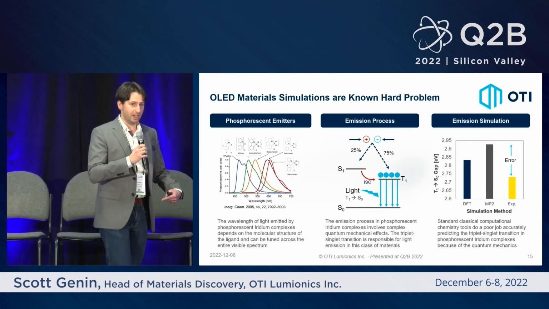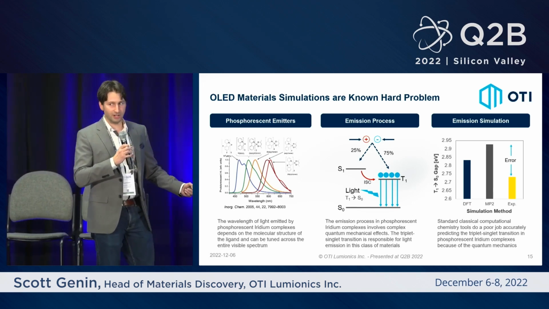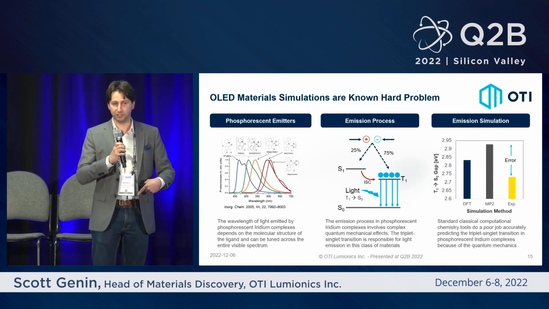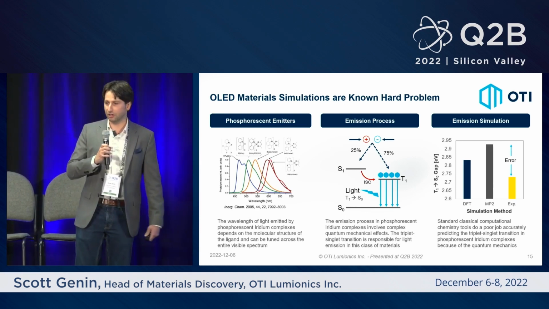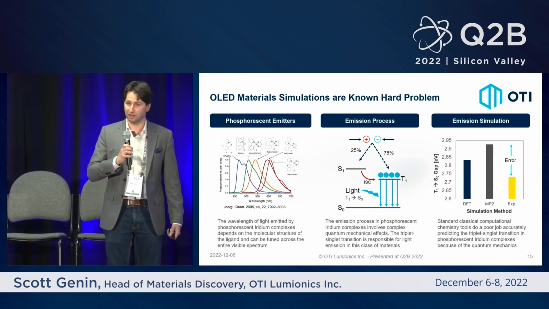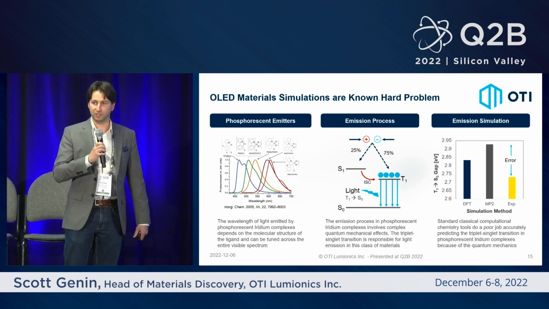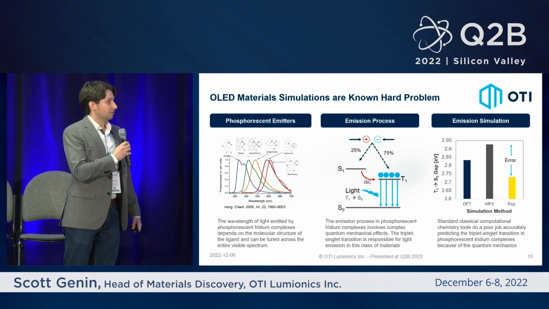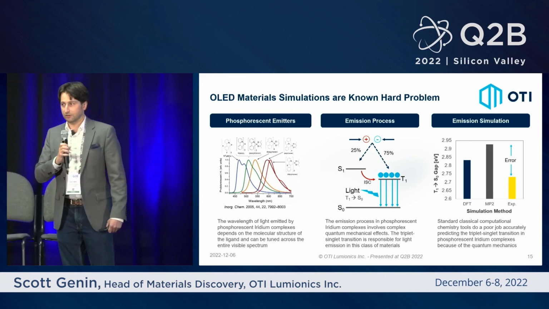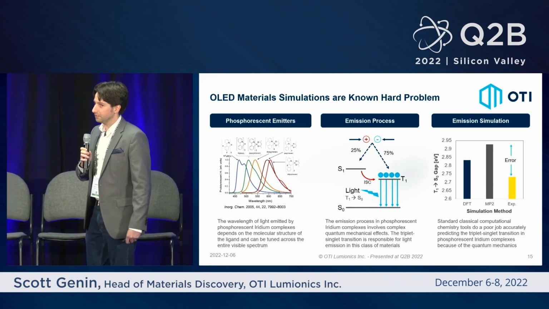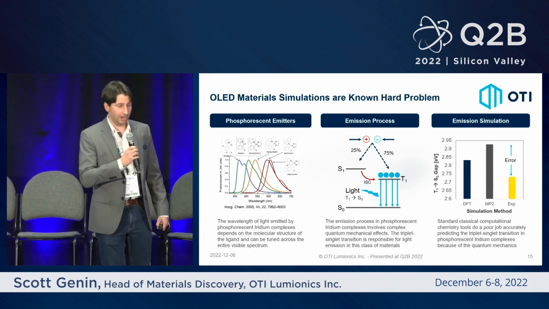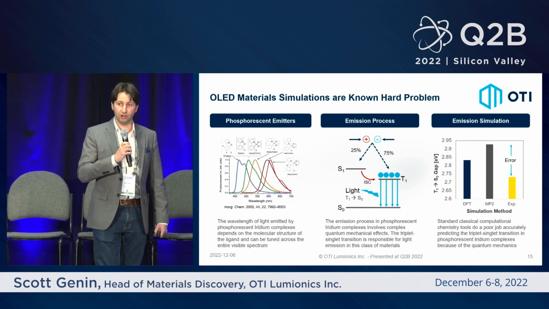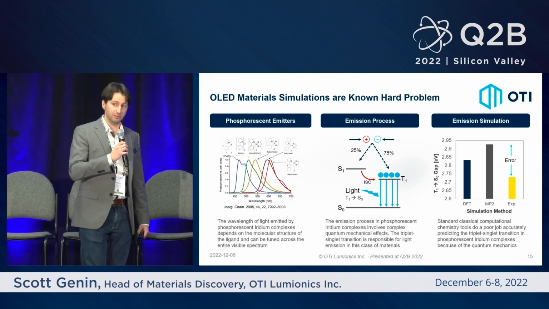And the problem is that if you go in the reverse direction, where you do the experiment first and then you simulate it, you're not actually doing materials discovery; you're reversing this whole sequence. Density functional theory is currently the standard go-to method for this. And there are density functionals which are specifically designed for these classes of materials.